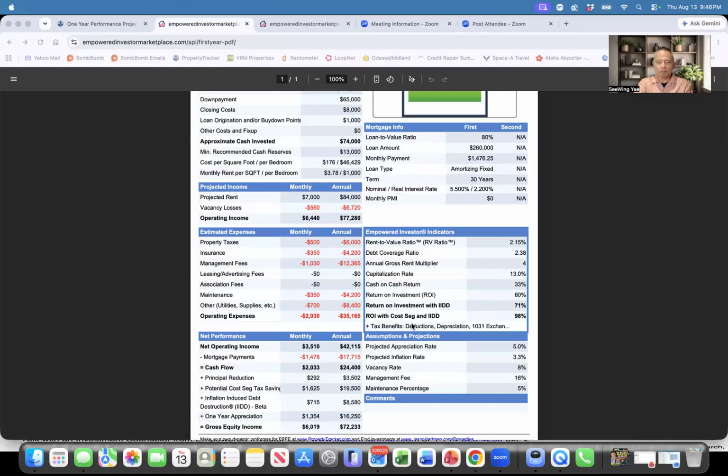I'm not going to get into that, but it's very reasonable to assume that this cost segregation engineering study can achieve almost another 20 grand of paper savings to calculate the total ROI. So this 98%, almost 100% return in the first year, is not unrealistic. This software is doing its best to underwrite the numbers as realistically as possible.